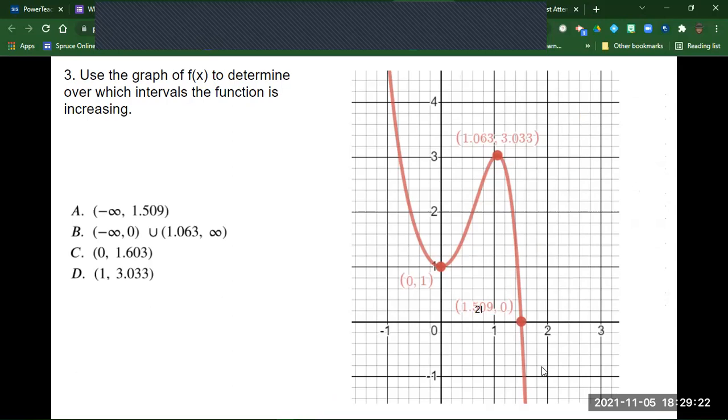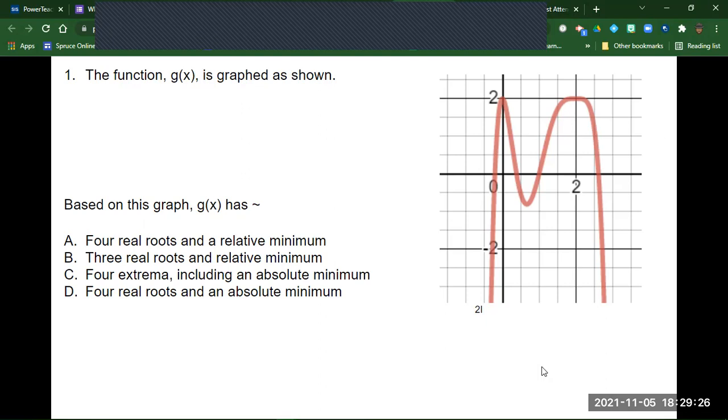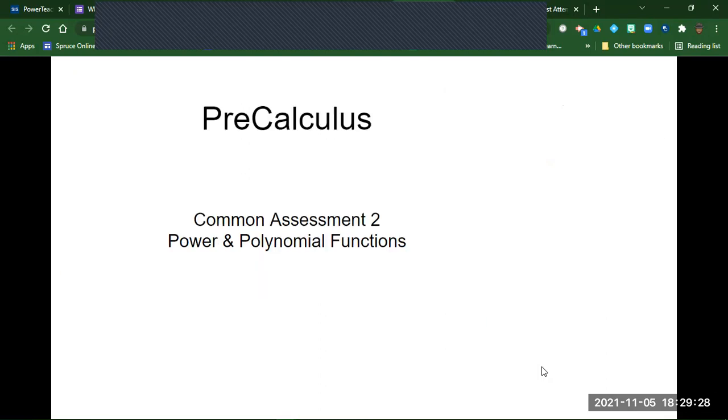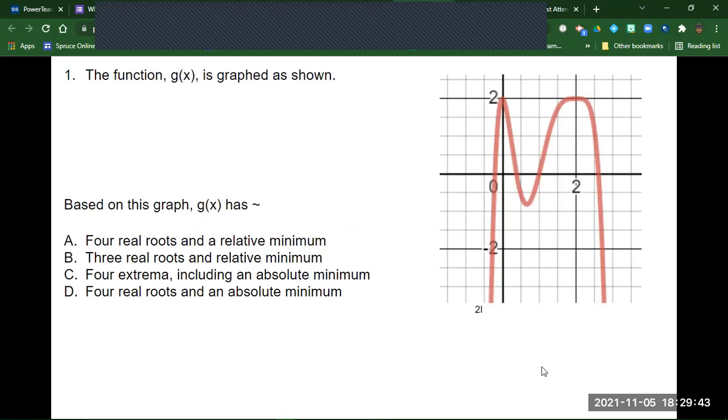Probably not that direction. Let's go the other direction. Oh, by the way, what is this? Precalculus, common assessment number 2, power and polynomial functions. Hopefully you'll watch this video before you attempt to do the makeup for this exam. All right. So let's get right started.